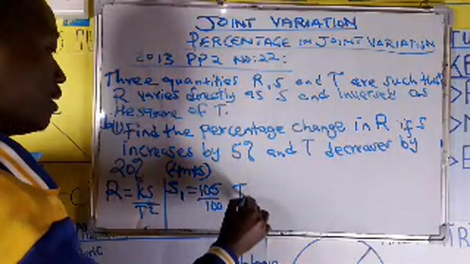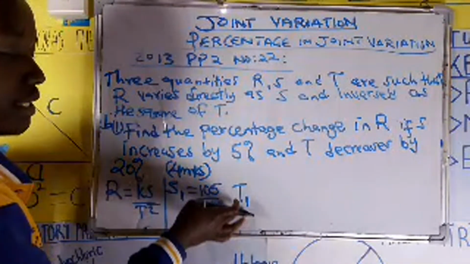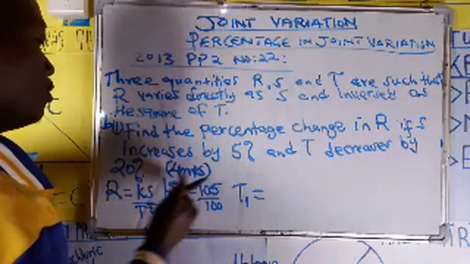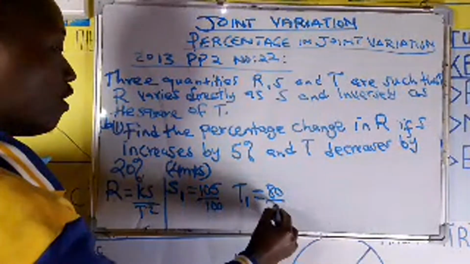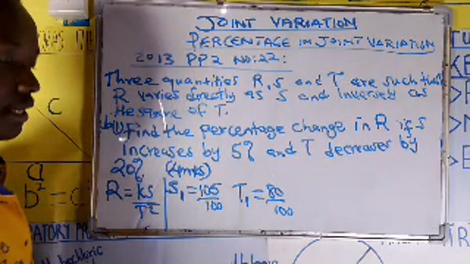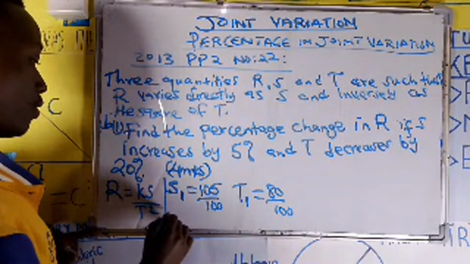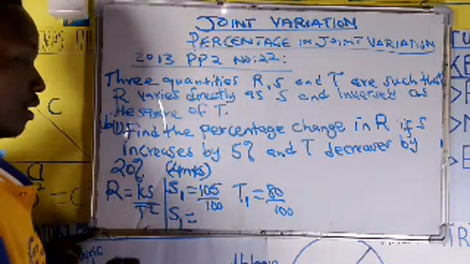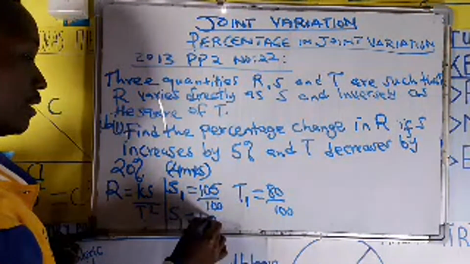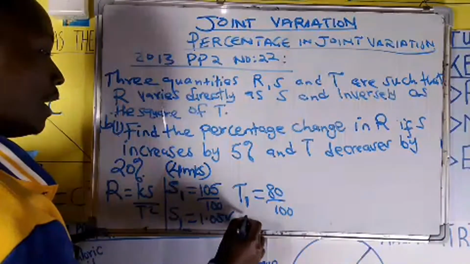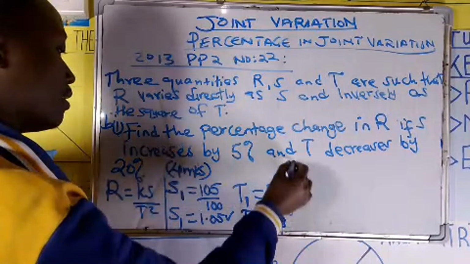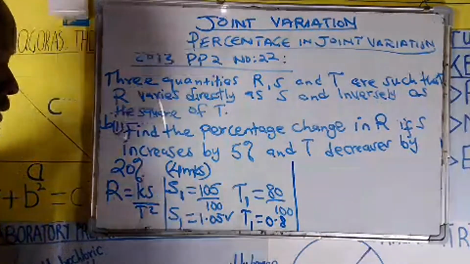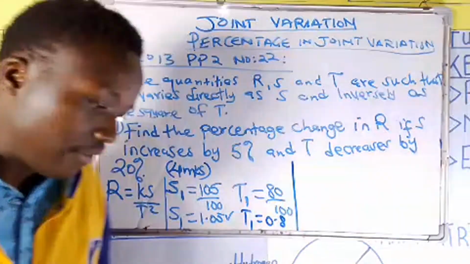And the new T, T1 represents the new T, is equal to a decrease of 20, which will result in having 80 over 100. So new S is going to be equal to 1.05, while new T is going to result into 0.8. So listen carefully.